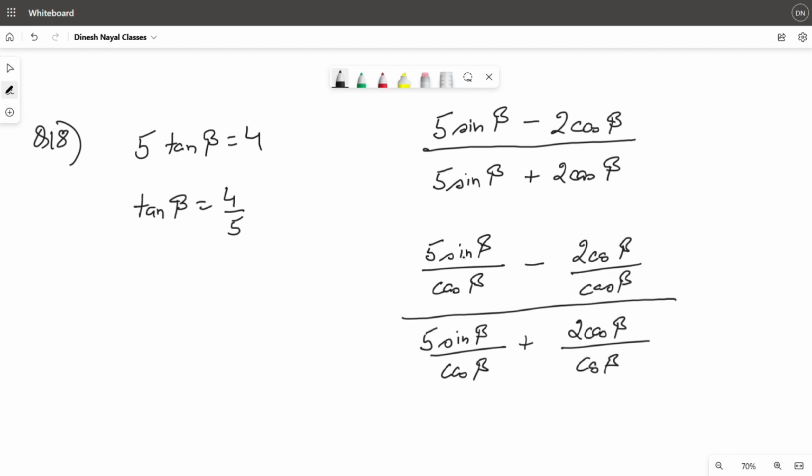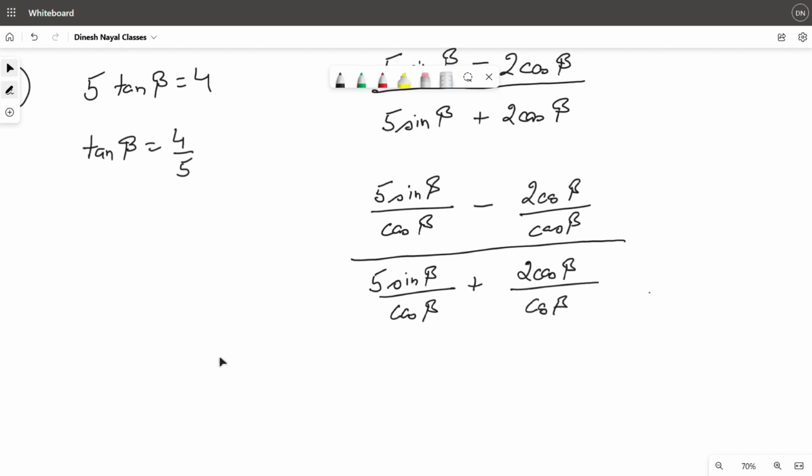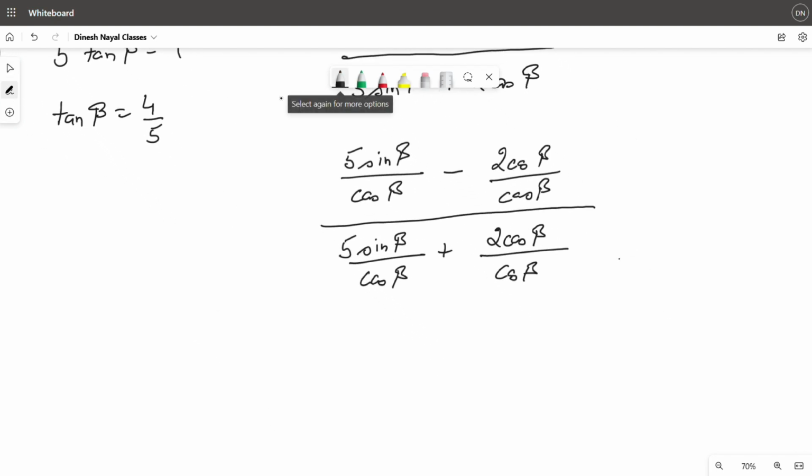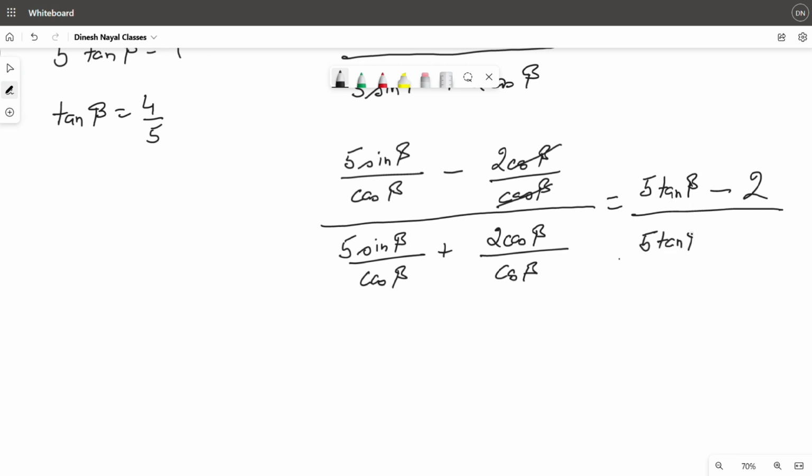So 5 sin beta by cos beta will be 5 tan beta. Cos beta and cos beta will cancel out, so we write just 2. So this is (5 tan beta minus 2) upon (5 tan beta plus 2).